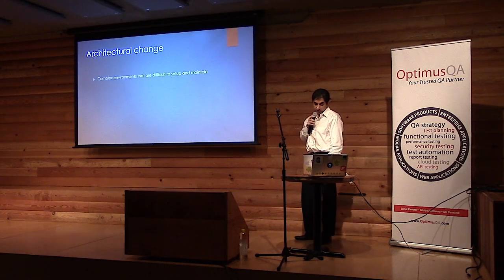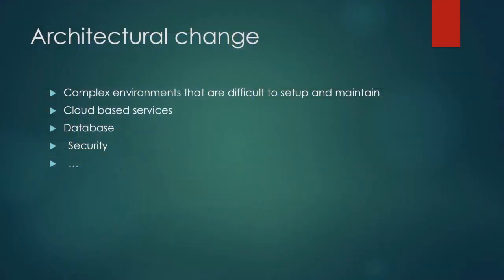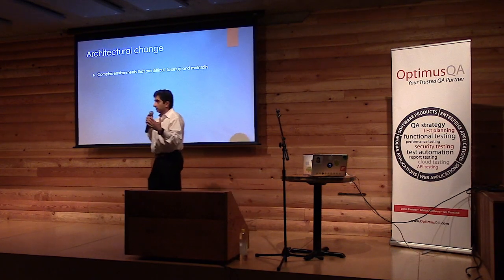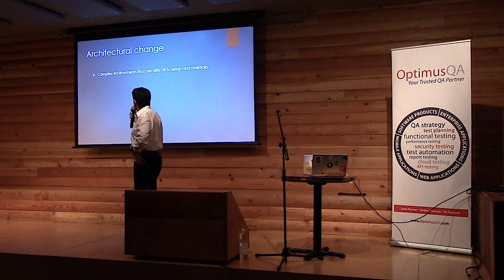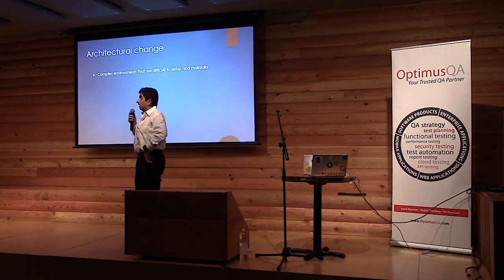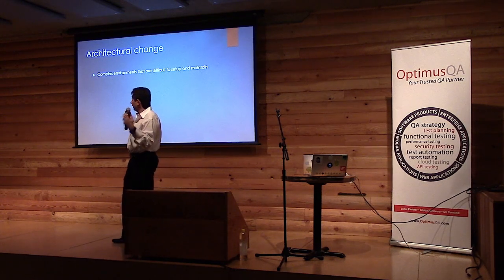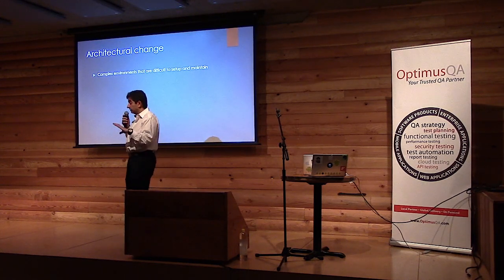And architectural changes. Environments are becoming increasingly complicated and complex to set up and run. It's rare to see a product that only has one component. Most of them, the monolithic approach is being phased out.